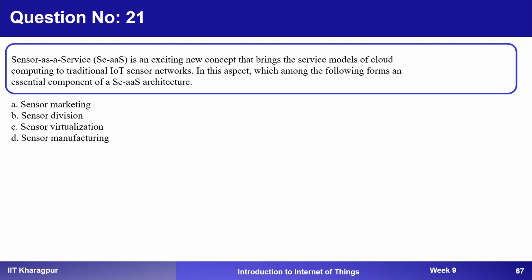Next question is, sensor as a service is an exciting new concept that brings the service models of cloud computing to traditional IoT sensor network. In this aspect, which among the following forms an essential component of sensor as a service architecture? Options are sensor marketing, sensor division, sensor virtualization, sensor manufacturing. It's sensor virtualization. Okay. Anyone else?